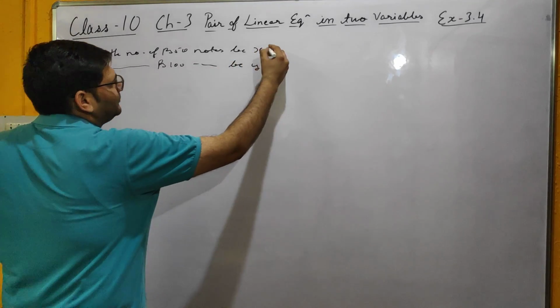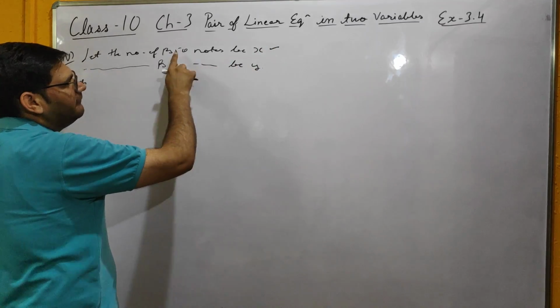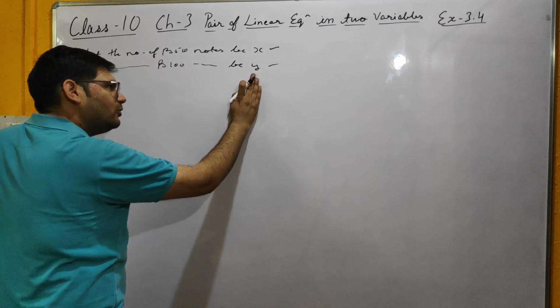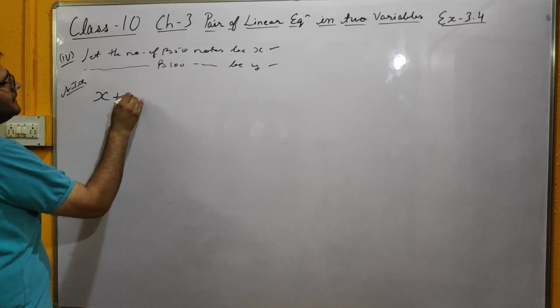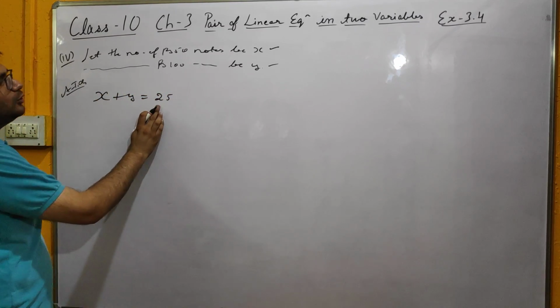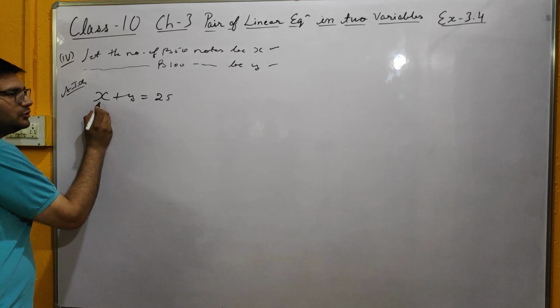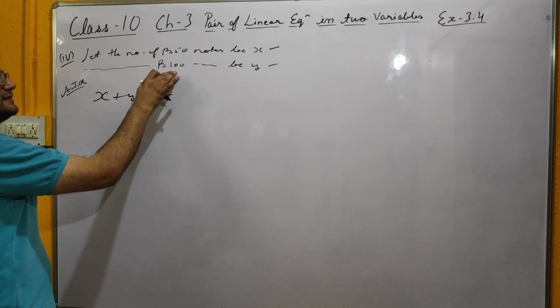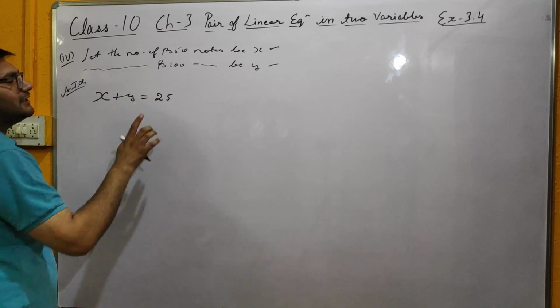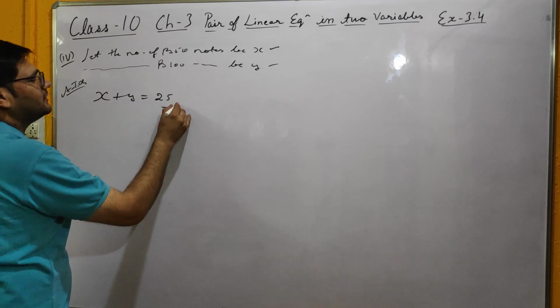If there are x notes of 50 rupees and y notes of 100 rupees, then in total x plus y is 25 because there are 25 notes in total. This is the first equation.